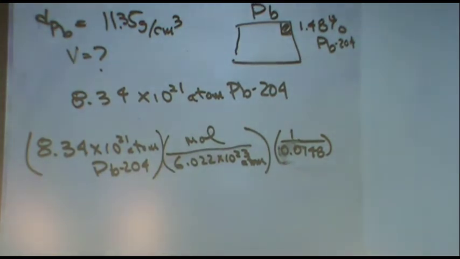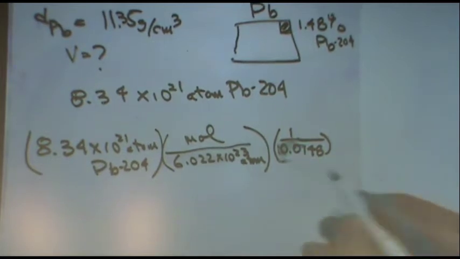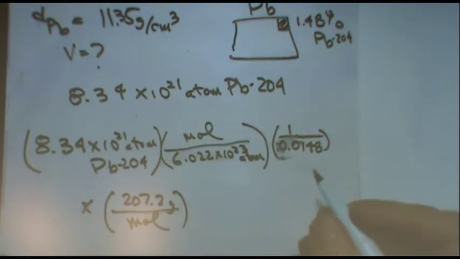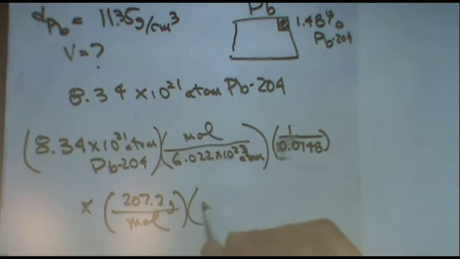Is everybody cool with that? It's like an algebra problem: 1.48% of the total is equal to that, so I've got to divide by 1.48% to get the total. Now I can go to grams, times 207.2 grams per mole on the periodic table. And now I can go to volume, because I'm going to use density as a conversion.